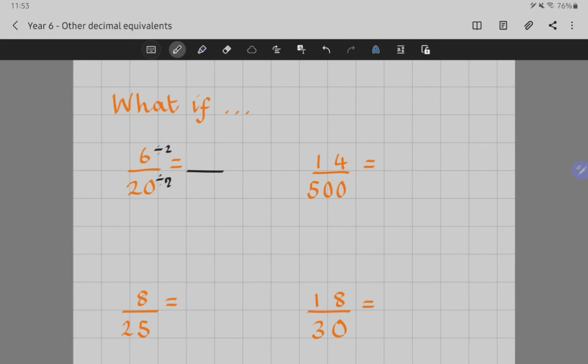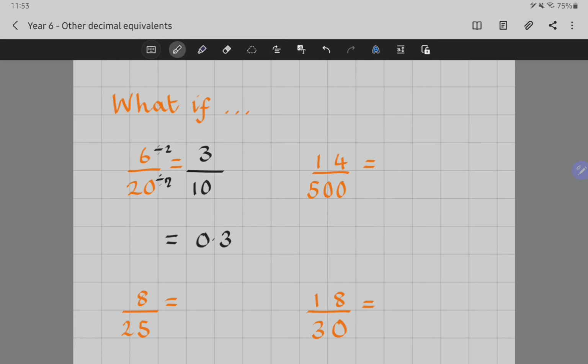That gives me 3 tenths. Now that my denominator is a 10, that's going to be a lot easier. 3 tenths, what's that equivalent to? 0.3. Brilliant.